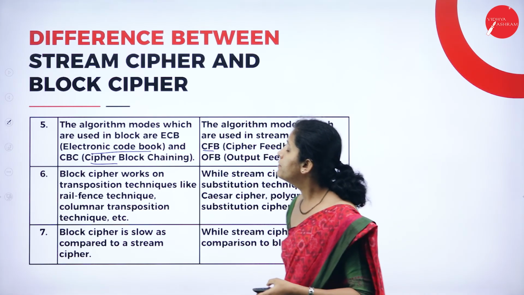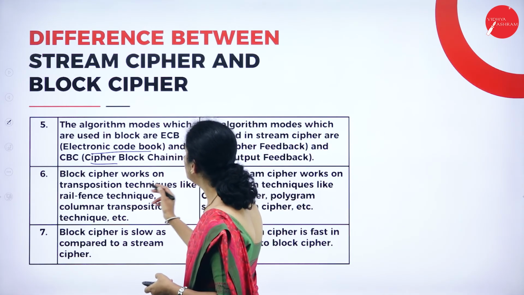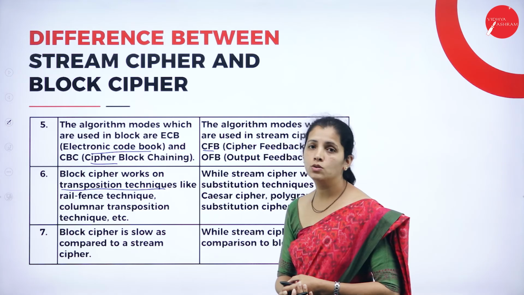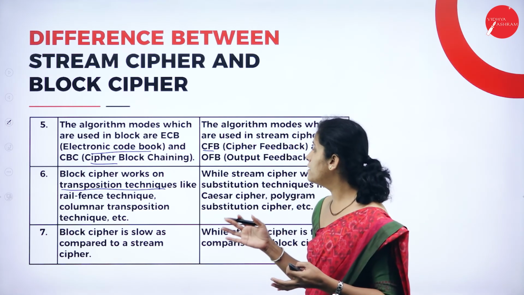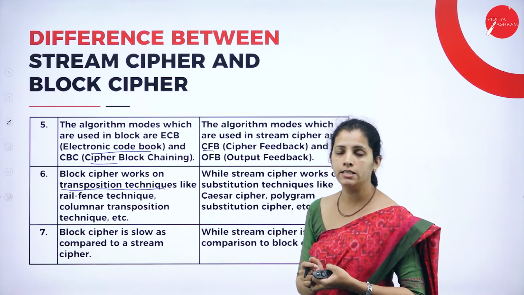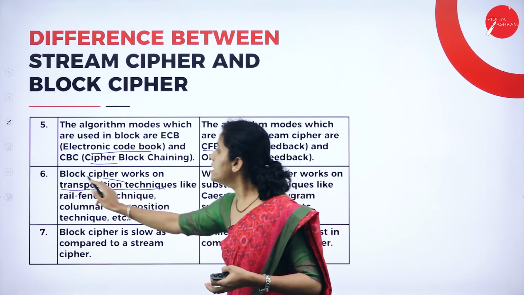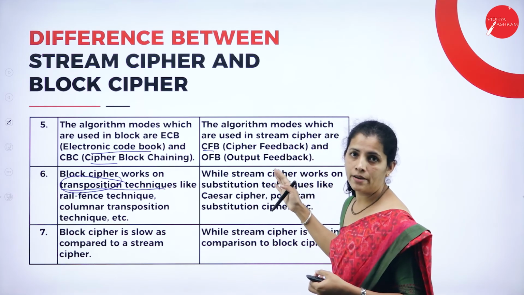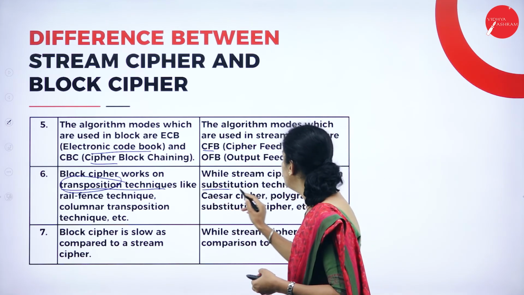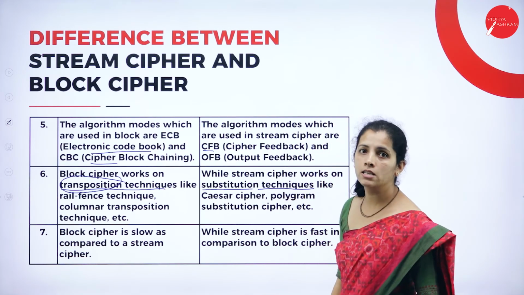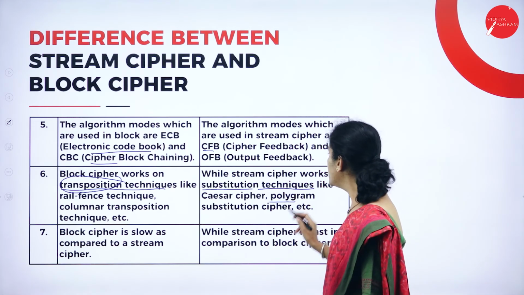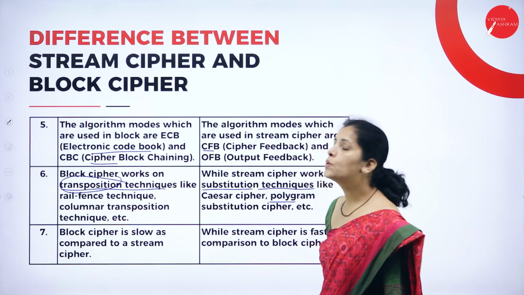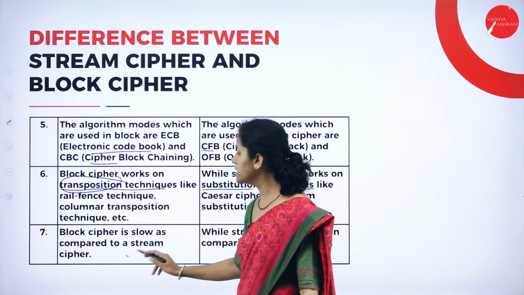Now, block cipher works on transposition technique, based on rail fence or columnar transposition, etc. And stream cipher mainly deals with substitution ciphers like Caesar cipher or polygram substitution cipher, etc. Now, block cipher is very slow compared to stream cipher.